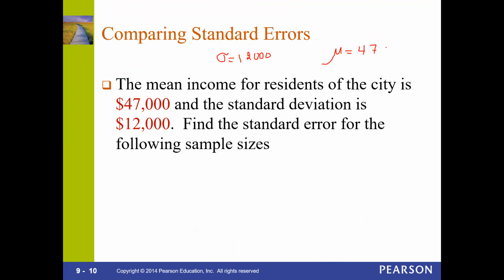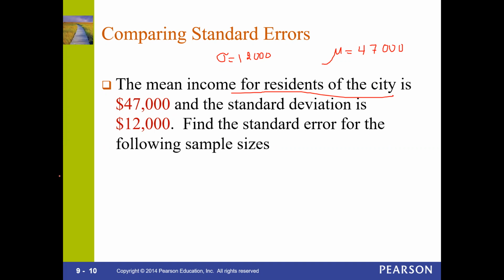This is going to be considered a population because I don't even know how they got the 47,000 or 12,000. This is for example of the city. If I had to do it myself, I'd probably take a few people, like 30 people minimum, then find it myself, and that would become a statistic.